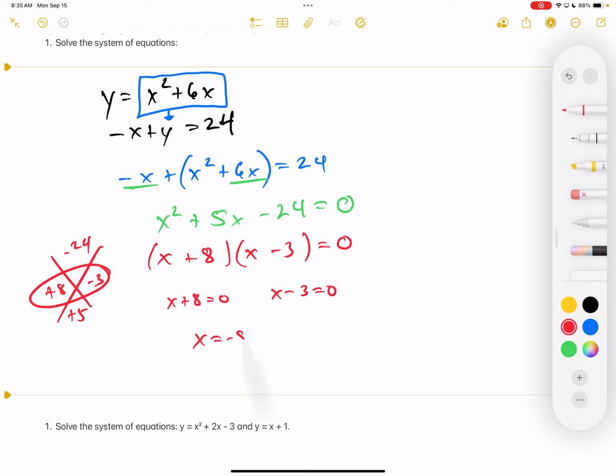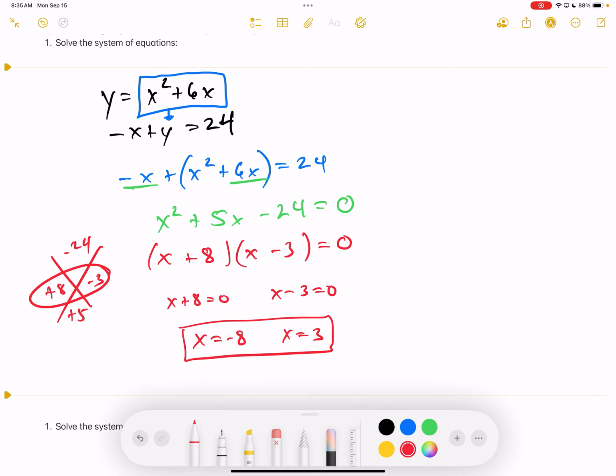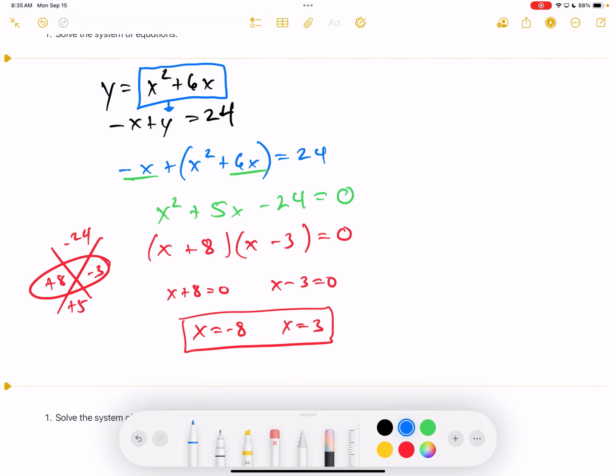So x equals negative 8 and x equals positive 3. What's coming up is the most annoying part of these problems. I've said it a bunch, but once you get one answer, you have to plug it in. So I have to go plug in both of these.